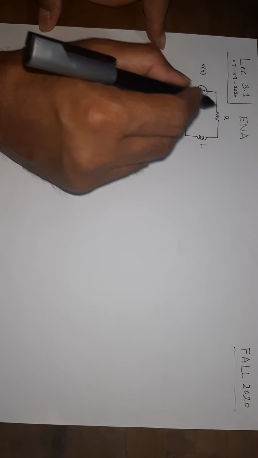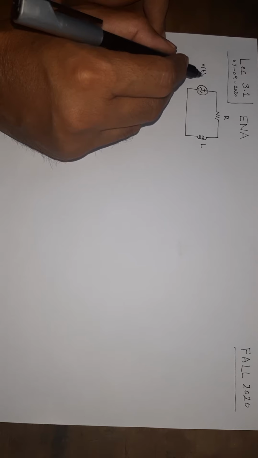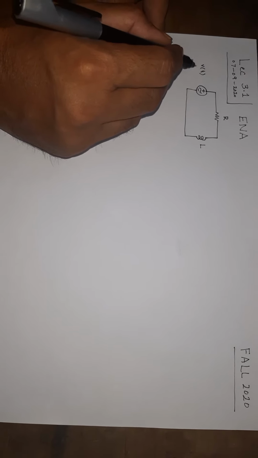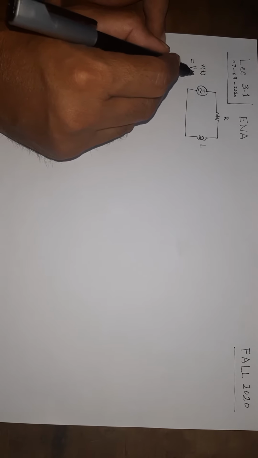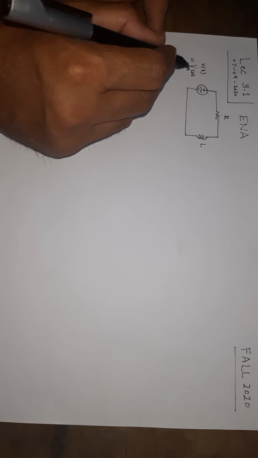It is a RL circuit. However, the source that we are considering here is a sinusoidal source. And since we are talking in general terms, I have not put a 1 here. It's a Vm. It can be anything. Obviously, it's a real value.